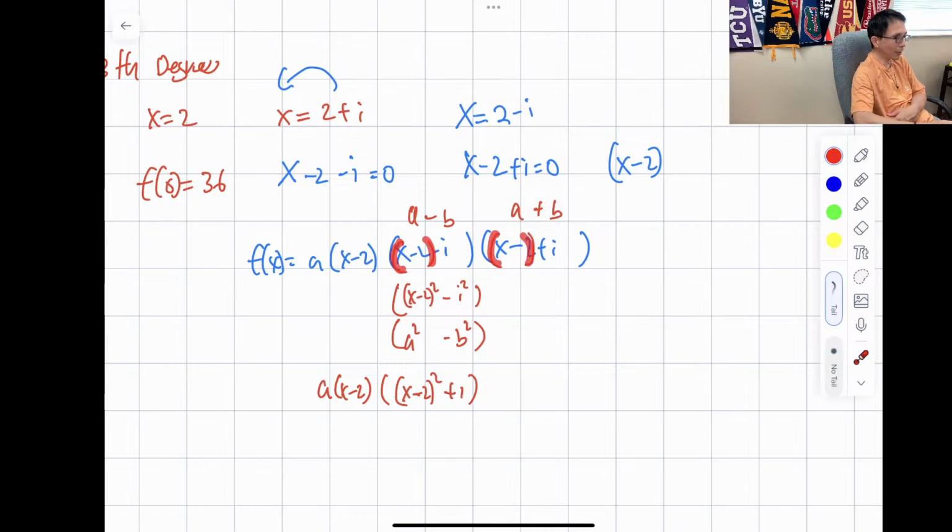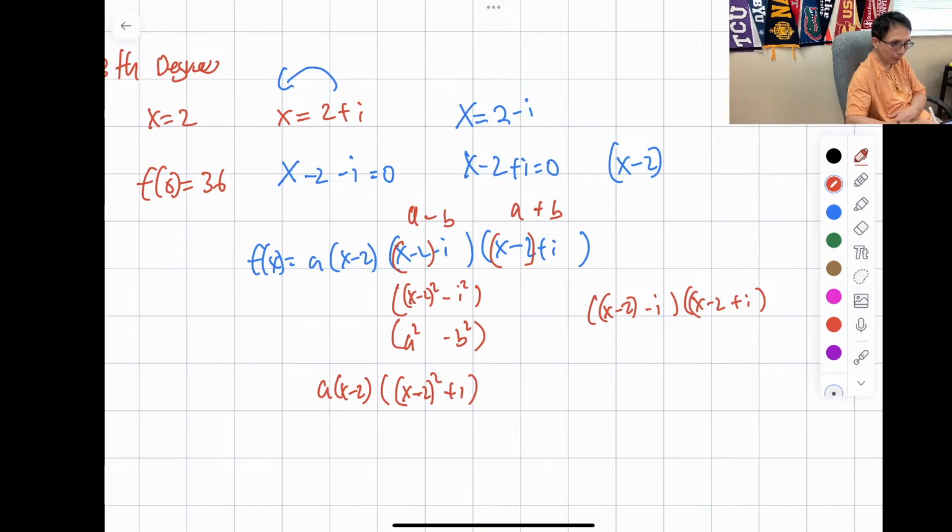The reason why is because I see this is a minus b and a plus b. So imagine that if I just do this multiplying, what am I gonna get? x minus 2 squared, right?